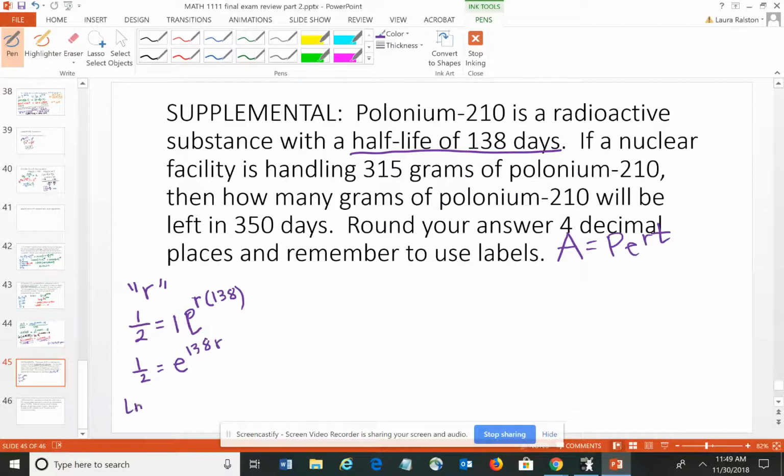I'm going to take the natural log of both sides. Again, by doing that, what I've accomplished is I've eliminated the e. So I would have the natural log of 1/2 equals 138 times R. And then to get R, I'm going to do the natural log of 1/2 divided by 138.